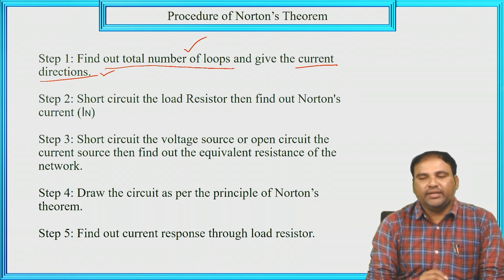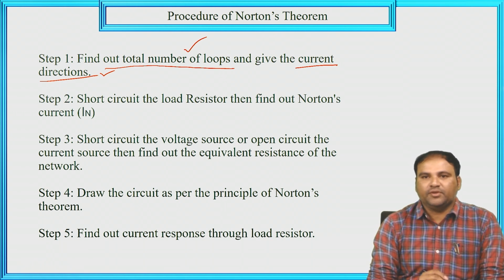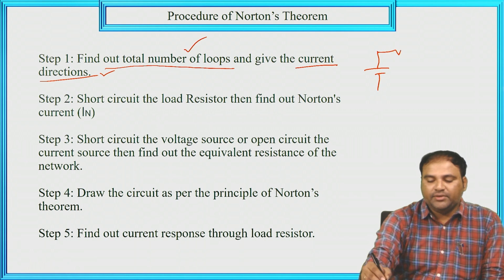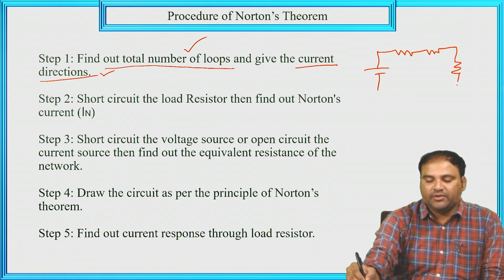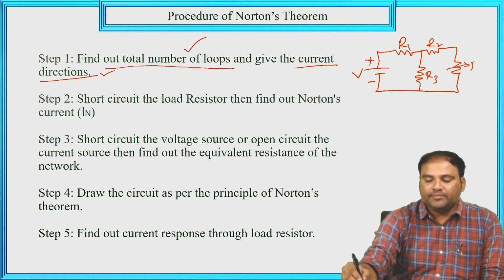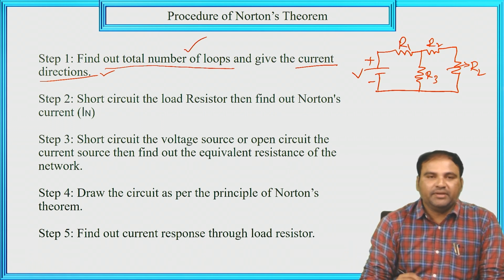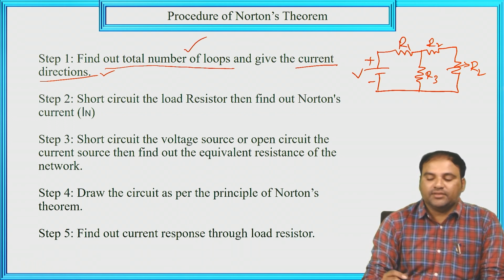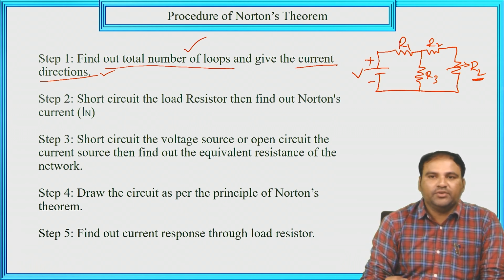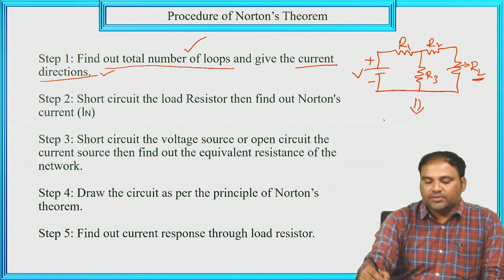Step number 2: we need to short circuit the load. For example, I am taking the same circuit here. The voltage is V, the resistors are R1, R2, R3, and the load is RL. The second step is to short circuit the load resistor RL, so we get a circuit like this.